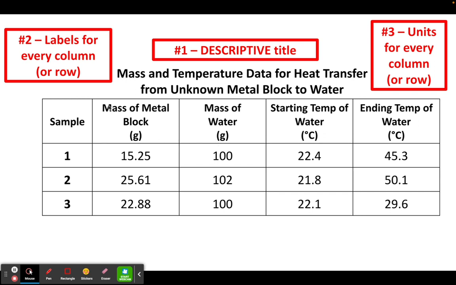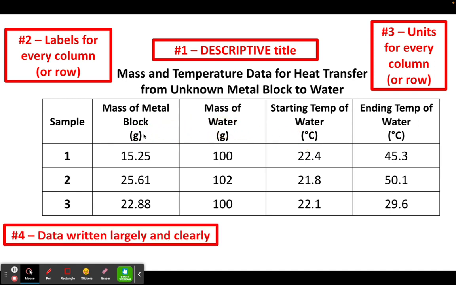So the mass of the metal block is in grams, the mass of the water is in grams. Your starting temperature of the water before you added the block was a certain number of degrees Celsius. After you added the block, it was a certain number of degrees Celsius. So make sure you have your units for the data that you are collecting.